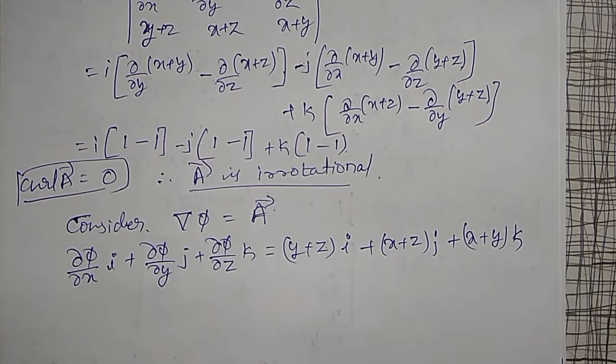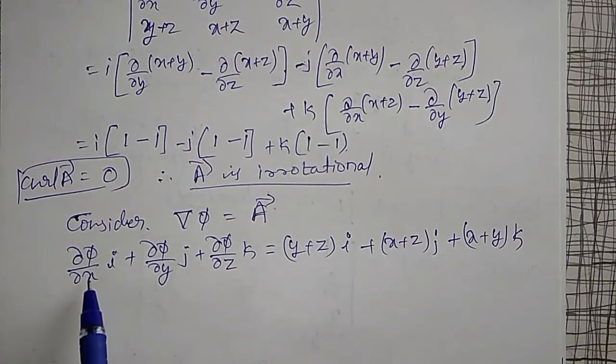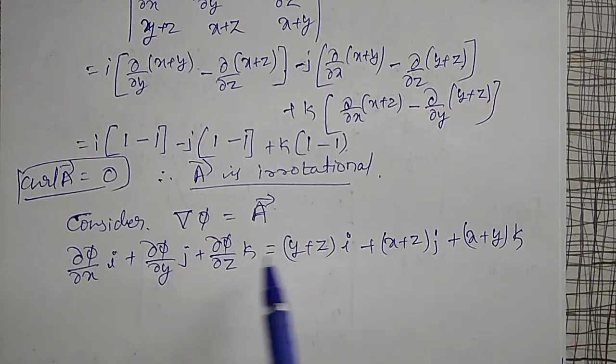And these two vectors are equal here. When do you say that two vectors are equal? Provided i coefficients are equal, j coefficients are equal and k coefficients are equal.